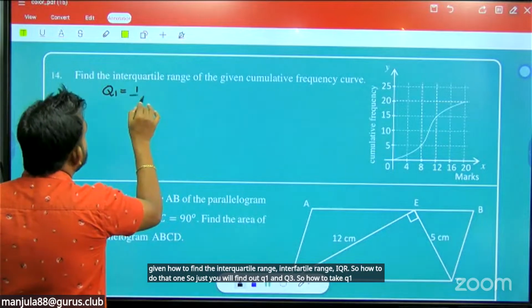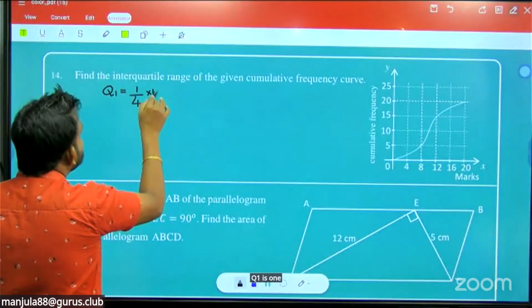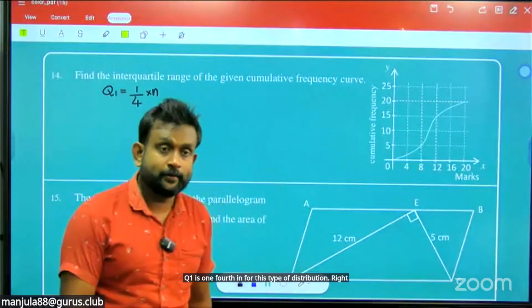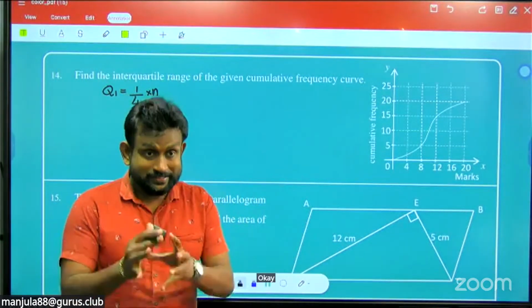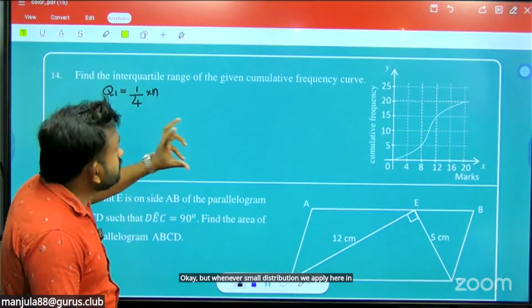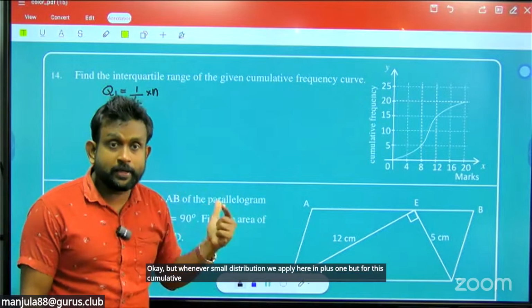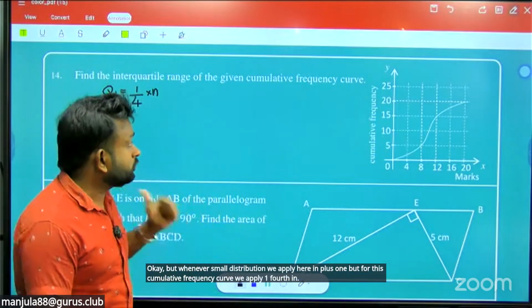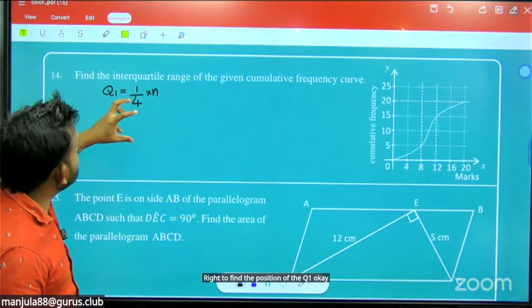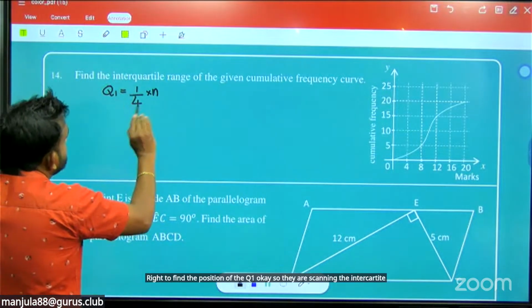For a small distribution we normally apply n plus 1, but for this cumulative frequency curve we apply 1/4 n to find the position of Q1.